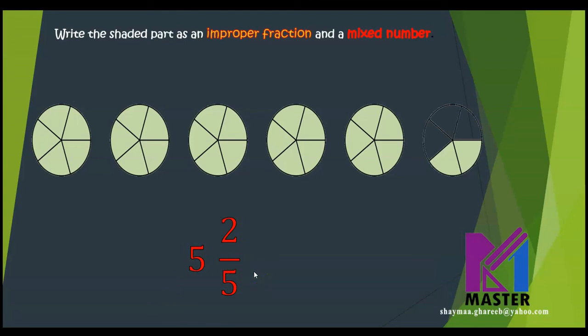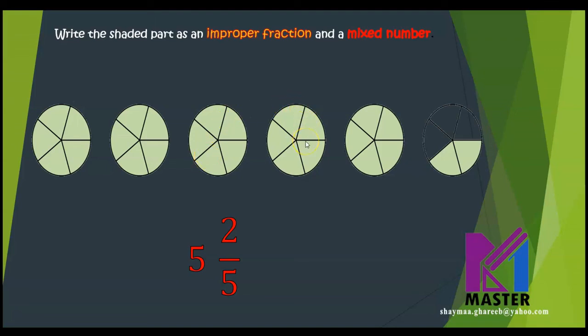What about the improper fraction? We count the small parts in the shape. Each small part here is equal to 1/5. Why? Because the shape is divided into 5 equal parts. So now let's count how many fifths there are. 1, 2, 3, 4, 5, 6, 7, 8, 9, 10, 11, 12, 13, 14, 15.